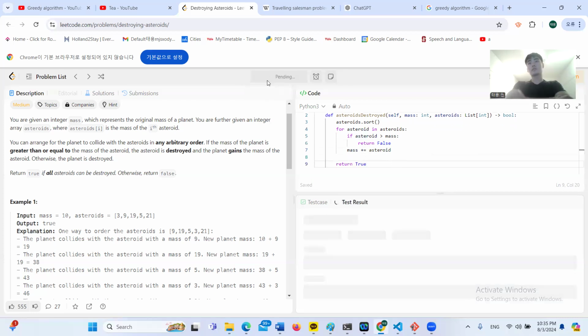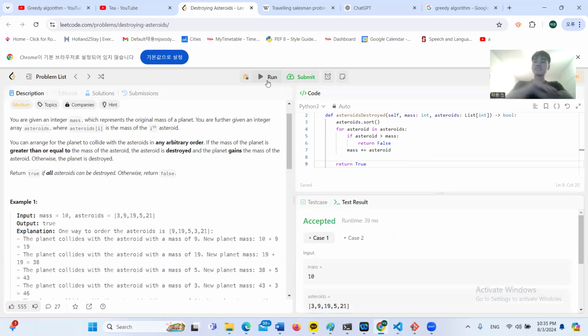So let's see if this works. Yeah, that was really simple, right? So these kinds of simple problems, in this case, we use sort. So sort here, quick sort, is considered using greedy algorithms.